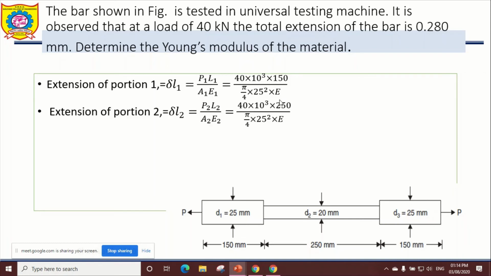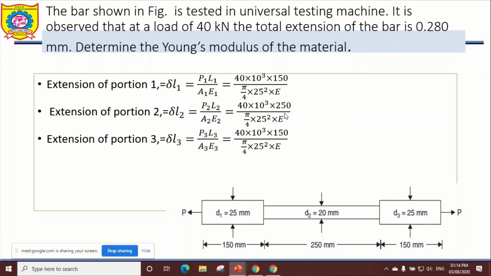Similarly, we can use the formula and find out the extension of part number 2. Delta L2 is equal to P2 multiplied by L2 upon A2 into E2. Load is 40 kilonewton. Length of part number 2 is 250 millimeter. Area of part number 2 is pi by 4 d square, and E. Then extension of part number 3, delta L3, P3 is 40.